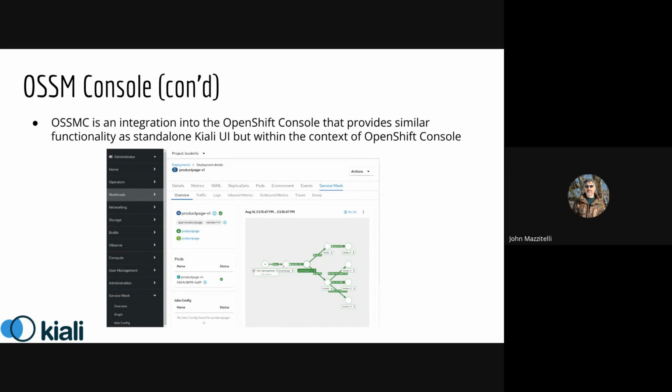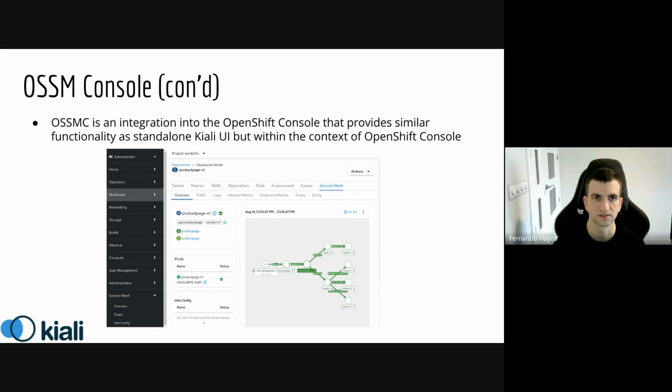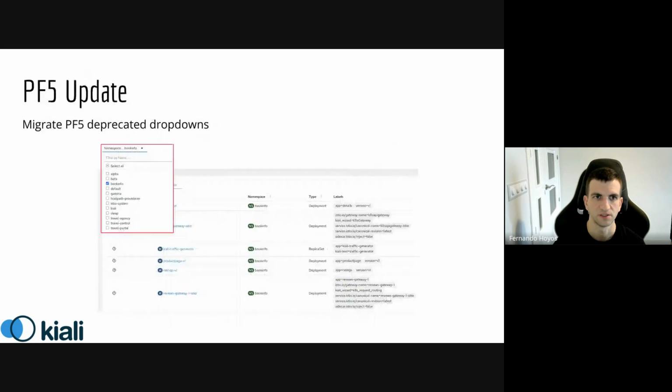Okay. Thank you very much, Mas, for the explanation of OSSMC. Okay, we are going to continue. In this sprint, we continue with the Patternfly 5 update. The whole Kiali application is upgraded, but there are some deprecated elements across the whole application that need to be migrated to the new Patternfly 5 version.